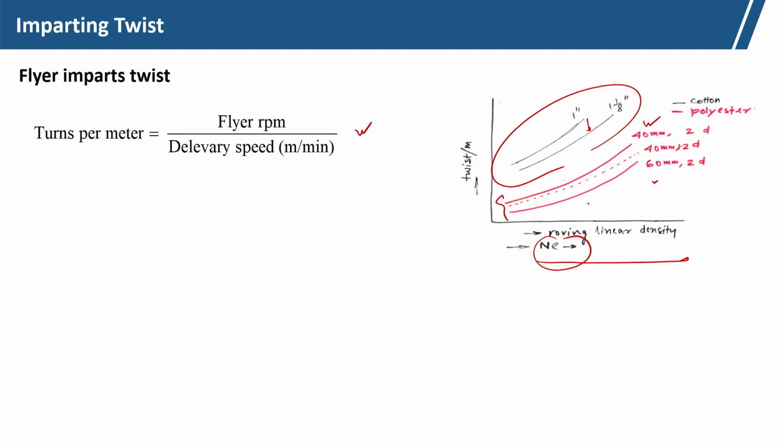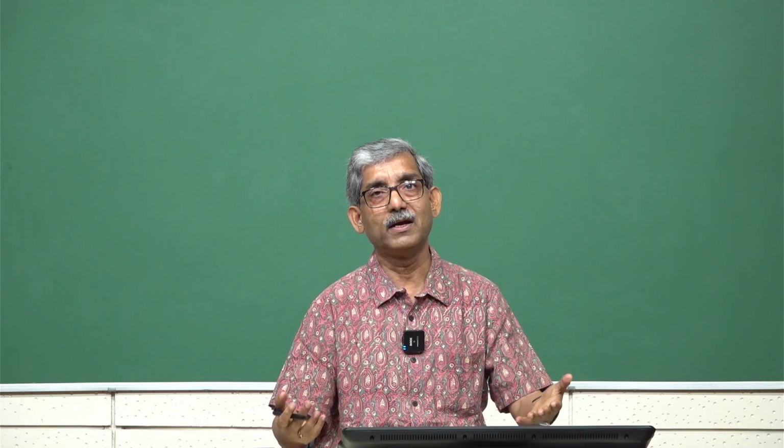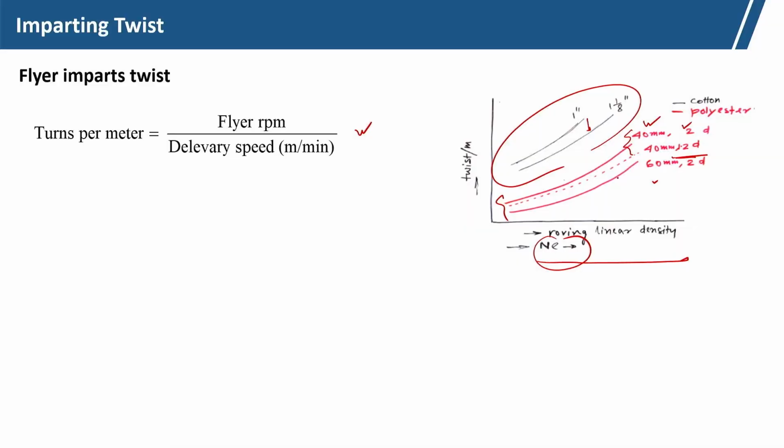And even with the same fiber length, 1.2 denier fiber and 2 denier fiber, the 1.2 denier fiber will need lower twist. So, depending on the fiber denier, fiber length, and also roving linear density, we can adjust the required twist.